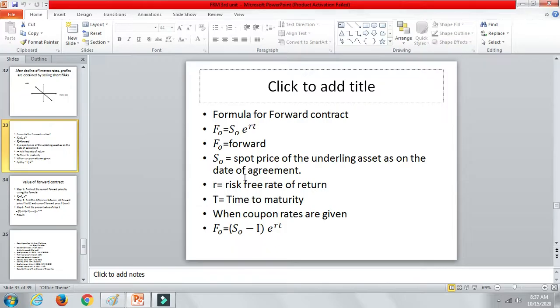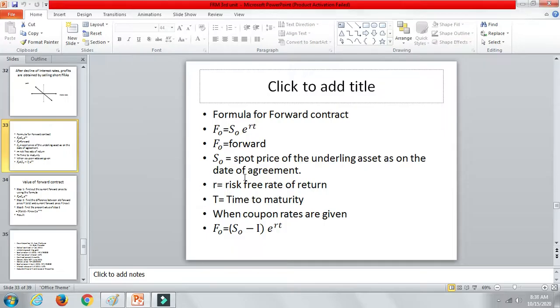I am entering into a contract for after 1 month with a seller that I am going to pay you 50,000 only, today's price. Whatever the price may be in future, it could be 52,000 also, it could be 49,000 also, but I'm going to pay 50,000 only if I'm entering the contract. That price will be the forward price.